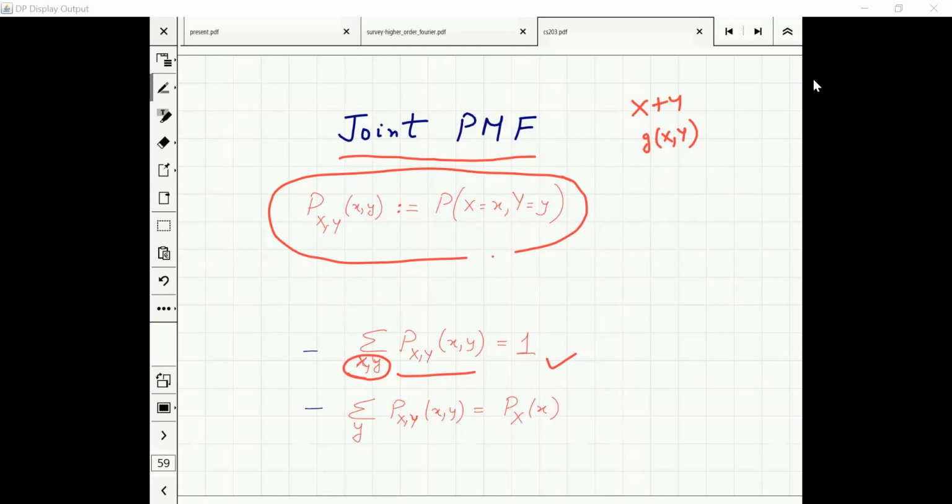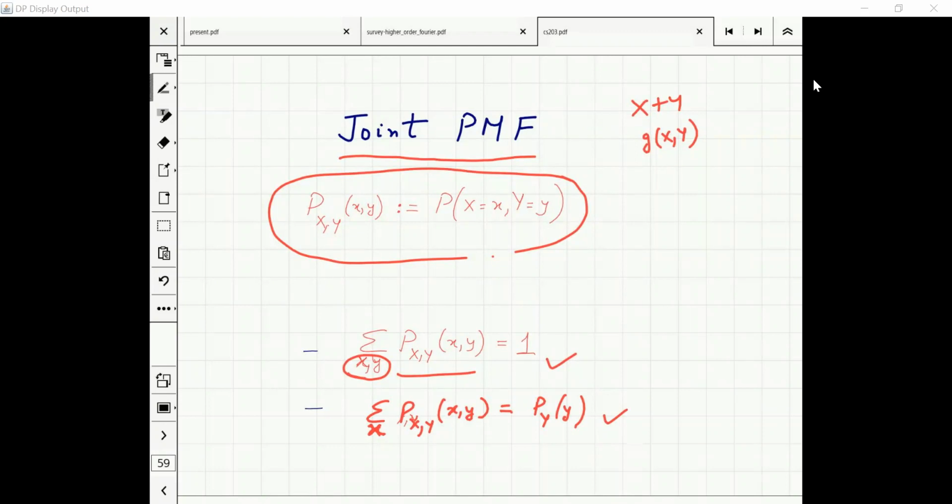And let me ask this question. What should this quantity be? Probability of y equal to y. Exactly. For a joint probability mass function to make sense, and if you are given the individual probability mass functions, these two properties should be satisfied.